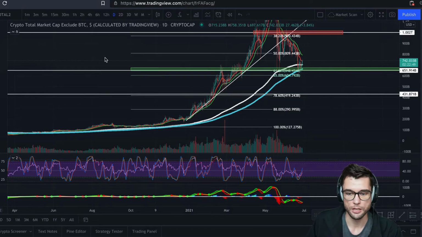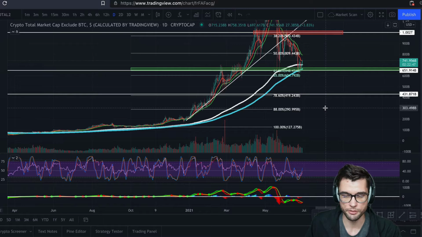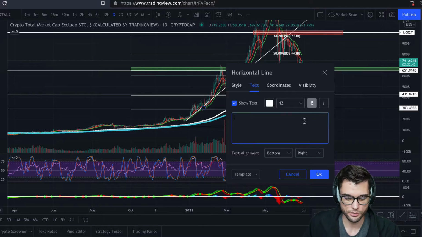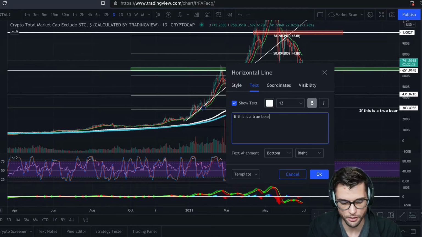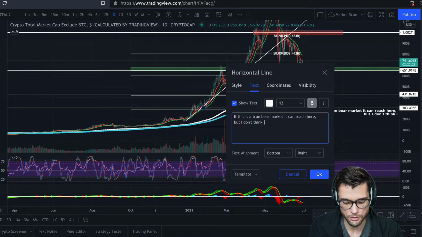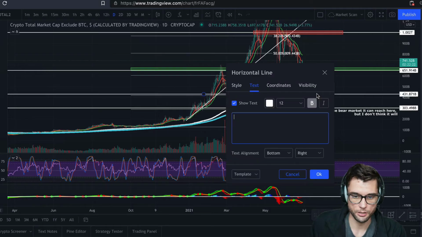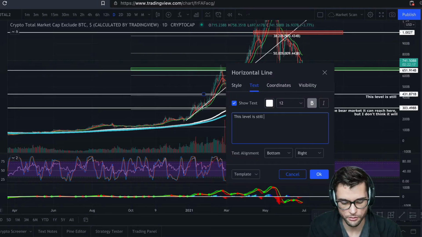If this is a true bear market, it could reach this level, but I really don't think it's going to. This level is still definitely a possibility though.